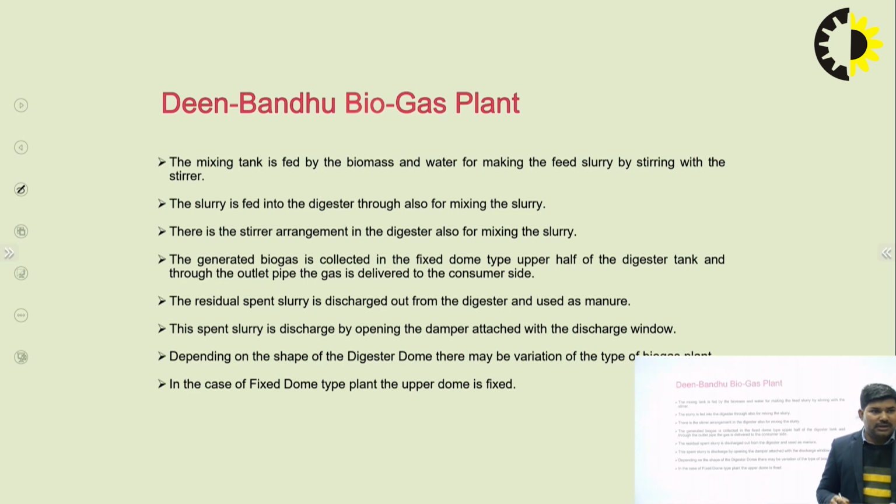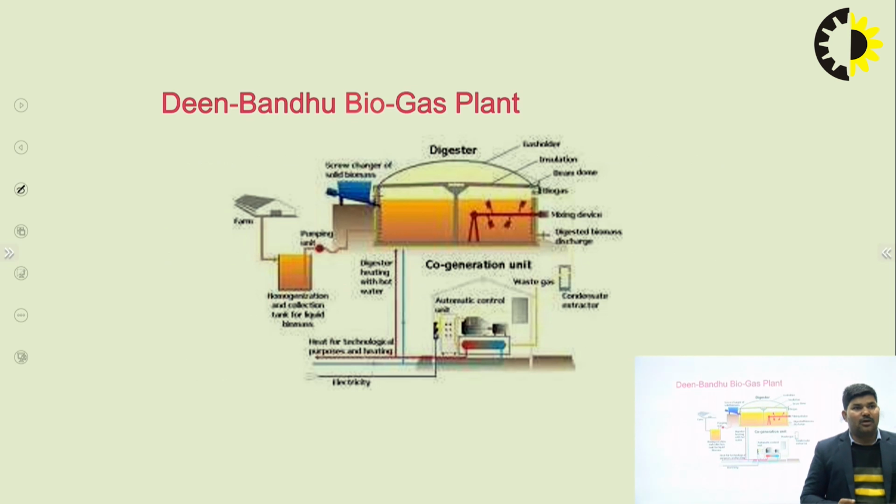The generated biogas is collected in the fixed dome in the upper half of the digester and taken through the outlet pipe to the gas delivery on the outcome side. The spent slurry is discharged from the digester and used as manure. You can see that the same process works in the Deenbandhu type of gas plant.